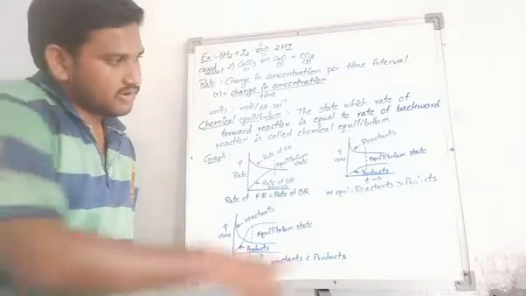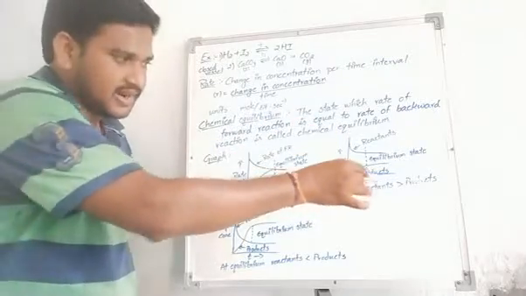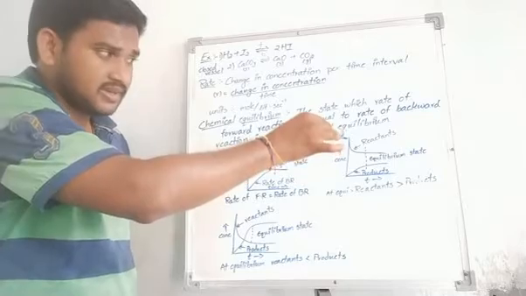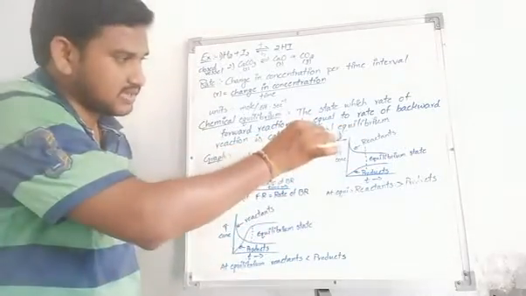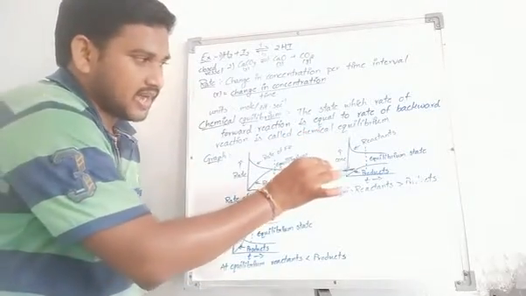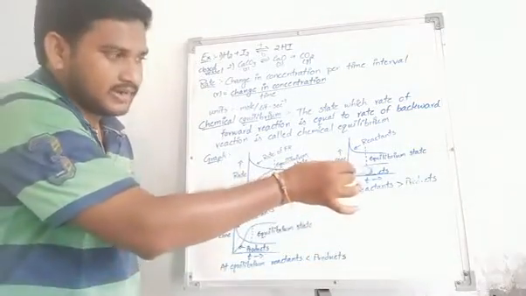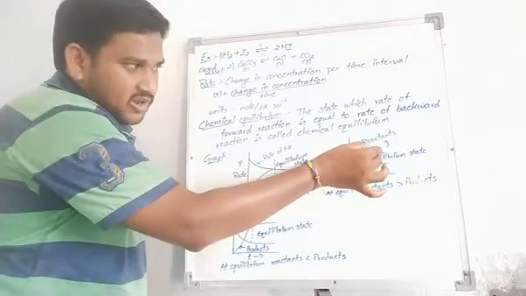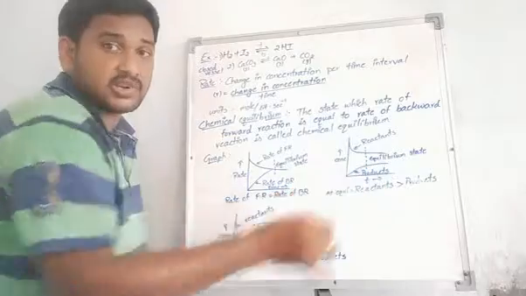Okay, students, one more graph. I have taken concentration and time; concentration is nothing but rate. This curve is the reactant curve, where the concentration decreases, and the concentration of product increases. One more point: in the equilibrium position, the concentration of reactant is greater than the concentration of product.